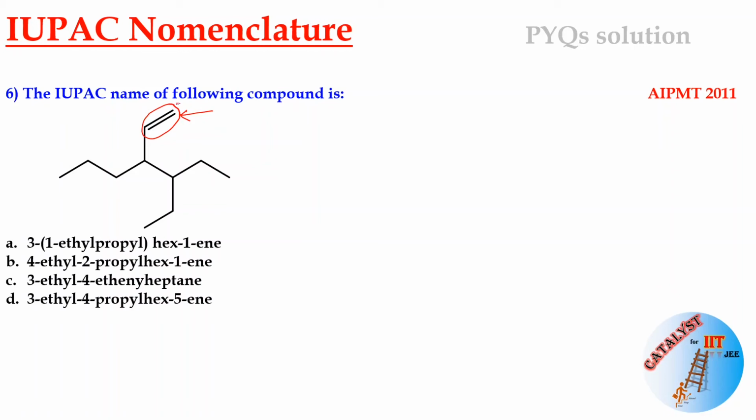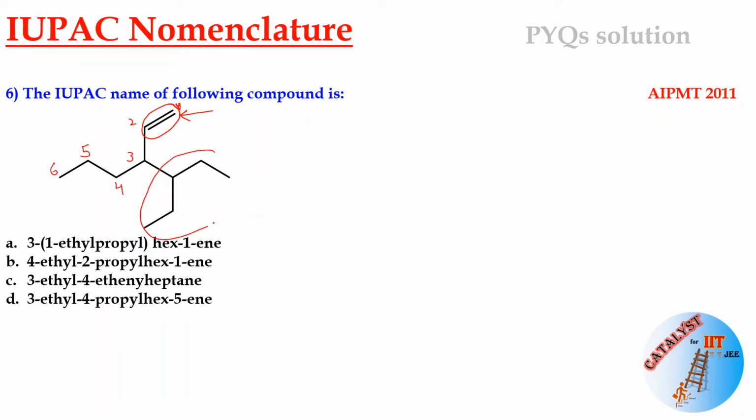Now 1, 2, 3, 4, 5, 6, or 4, 5, 6, or 4, 5, 6. So either way you can choose your parent chain. Okay, so we will go via this direction, 4, 5 and 6.